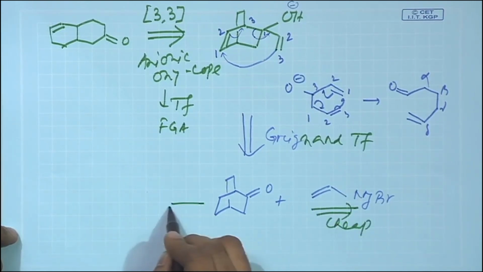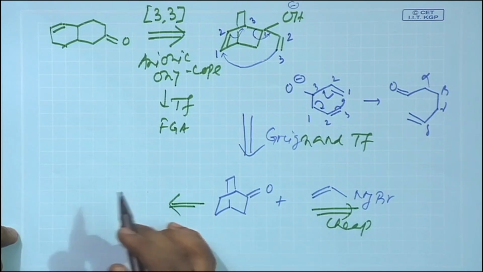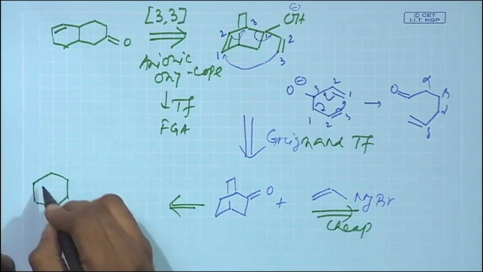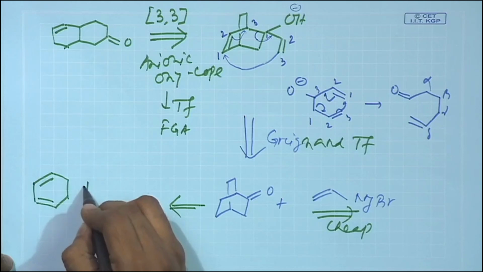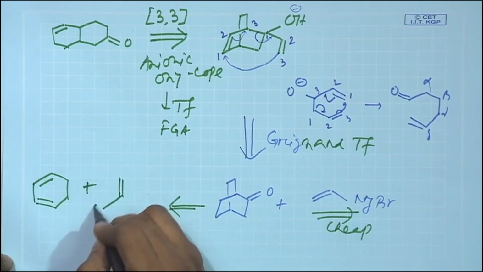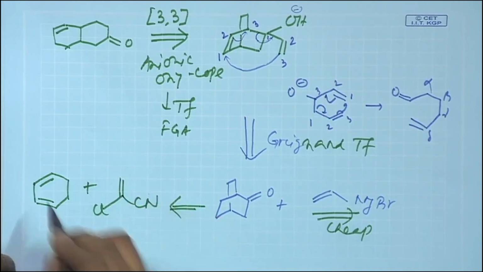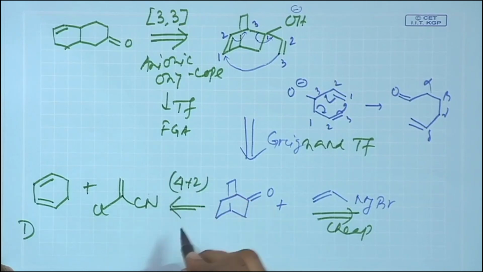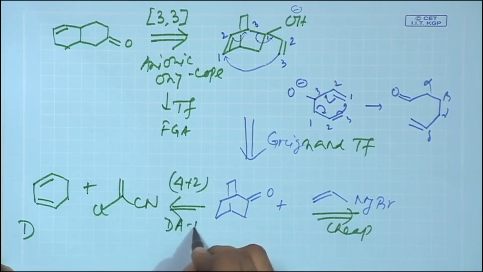Now, this ketone you need to make, so we will do another retro. The retro which was given in the slide is based on a Diels-Alder cycloaddition. Now, what do you exactly do? You start with a diene, is the 4+2 cycloaddition reaction, or you can say Diels-Alder transformation.